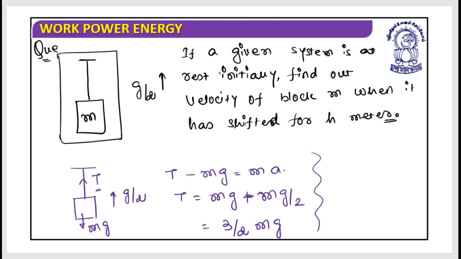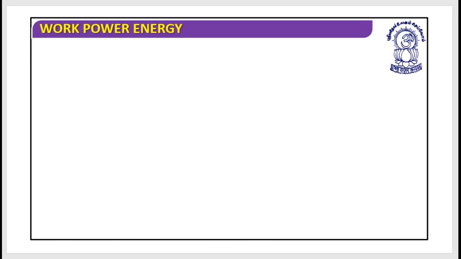Now one more force is mg. The force due to gravity is equal to mg. Now I need to find out the work done due to these two forces. This is the situation: here tension would be there, here mg would be there. The work done due to the tension force is the tension force multiplied by the displacement.